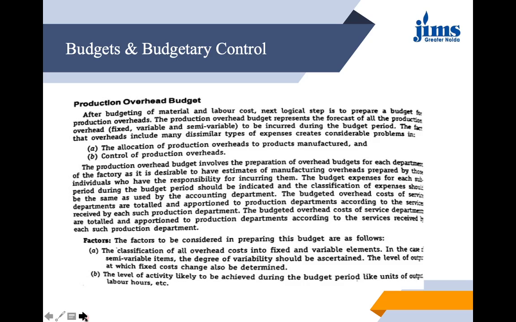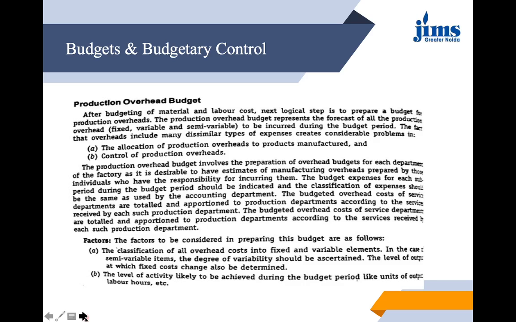The budgeted overhead costs of service departments are then totaled and apportioned to the production departments according to the services received by each production department. If you remember, the same was taught to you in cost accounting.